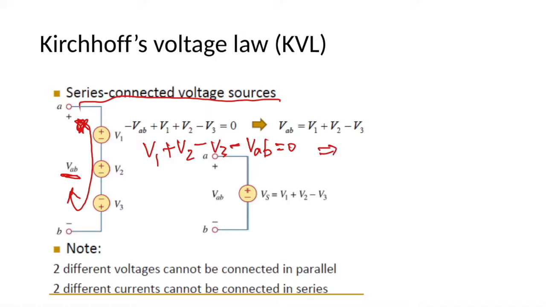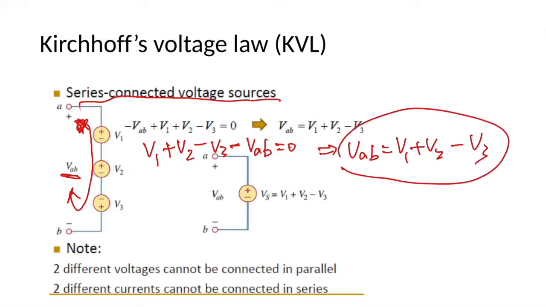So we get VAB equals V1 plus V2 minus V3. So we use one voltage source, Vs equals V1 plus V2 minus V3, to represent the three voltage sources which are in series.